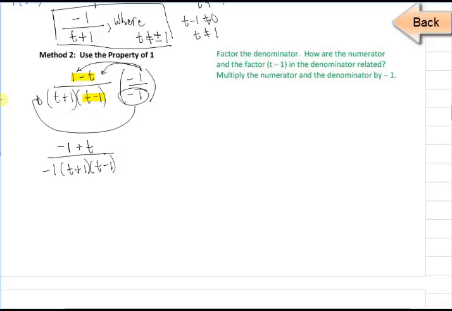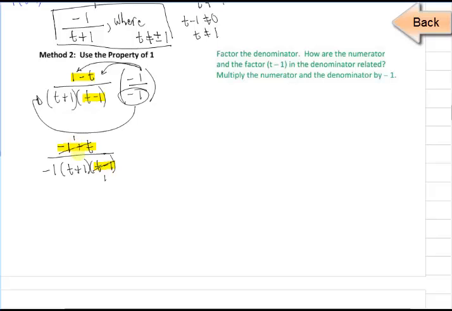Then what I notice is that these two factors now, the negative 1 plus t and the t minus 1, are equivalent to each other, right? Because in both of them the 1 is negative and in both of them the t is positive. So I can reduce: t minus 1 goes into t minus 1 once.